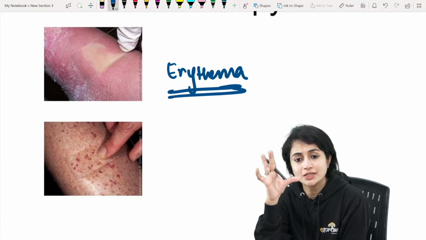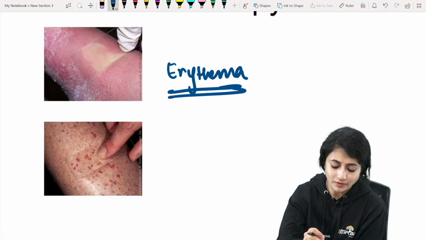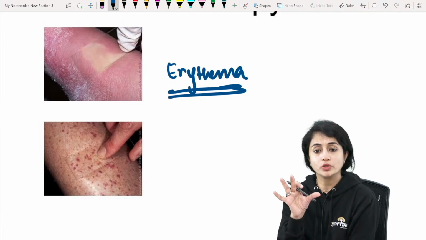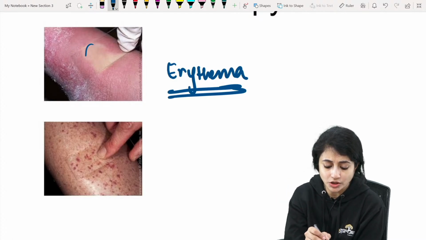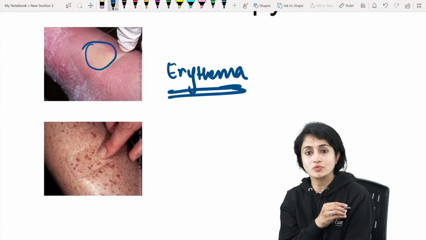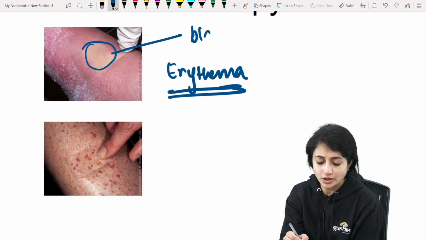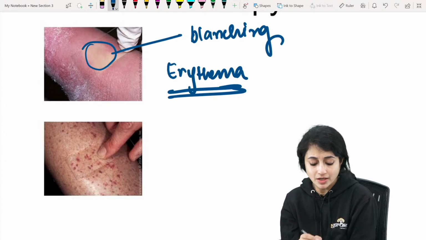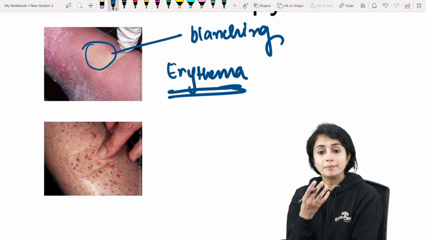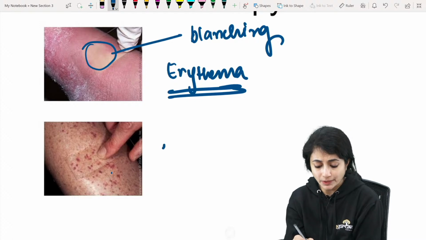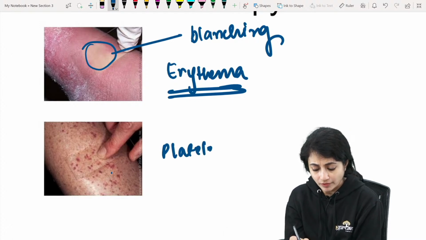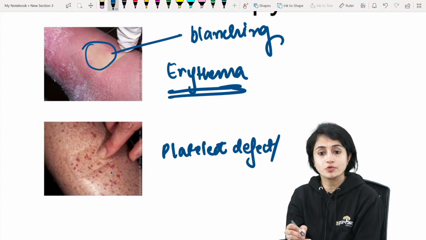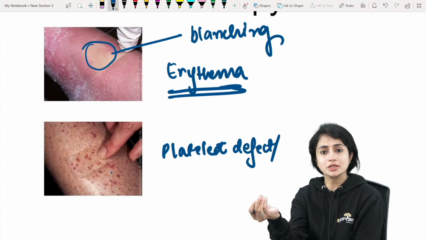So if you press a glass slide, what happens? Whatever vasodilatation was there, there is peripheral pooling of blood. So there is blanching that you see when you press with glass slide. So blanching happens. Whereas if my redness is because of purpura. What is a purpura? If there is a platelet defect, if there is a defect in the coagulation profile, then I will actually have clots sitting in my skin.